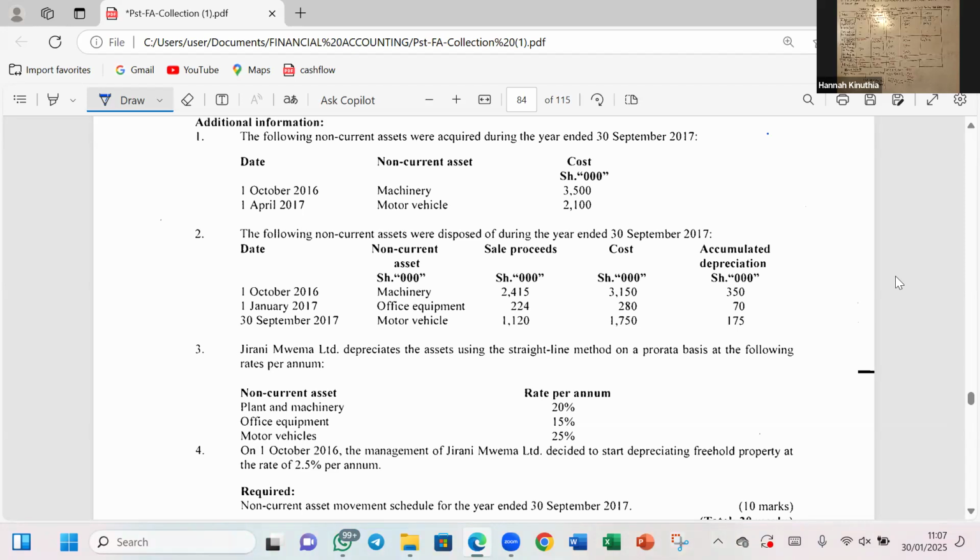On 1st October 2016, the management decided to start depreciating freehold property at the rate of 2.5% per annum. Required: non-current asset movement schedule for the year ended 30th September 2017.